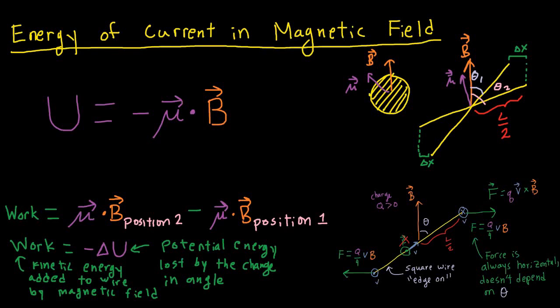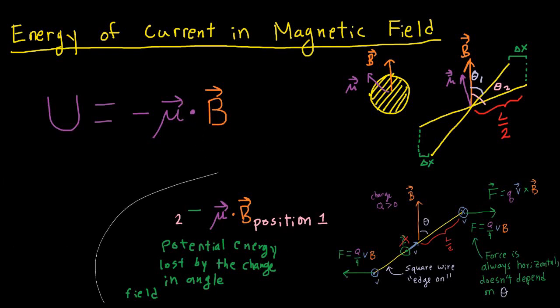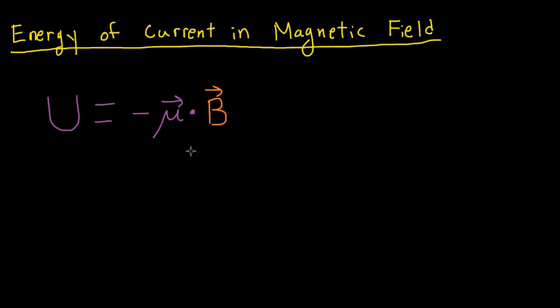But what we really want is the energy of a charged spinning sphere in an external magnetic field, because the charged spinning sphere is our toy model of the electron. So let's see if we can use what we know about the wire to figure out a similar expression for the charged spinning sphere.